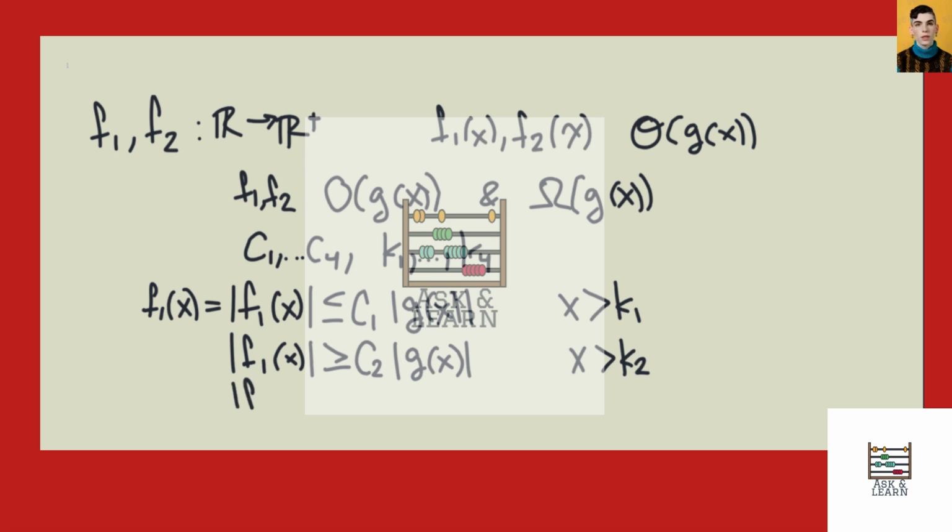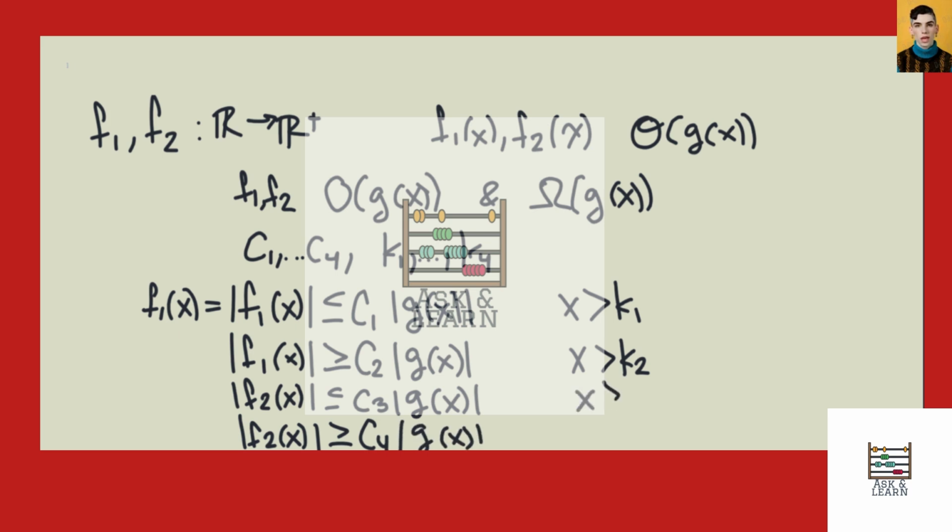We also know that f2 is less than or equal to some constant c3 times g, since f2 is also big O, and also that f2, since it is big omega, must be greater than or equal to some other constant, also times the absolute value of g, right? And this will be when x is greater than k3 and k4, respectively.